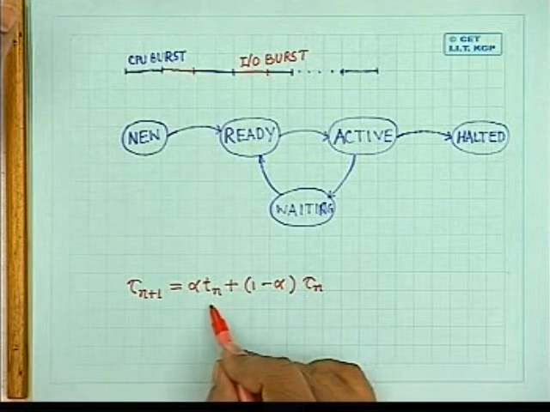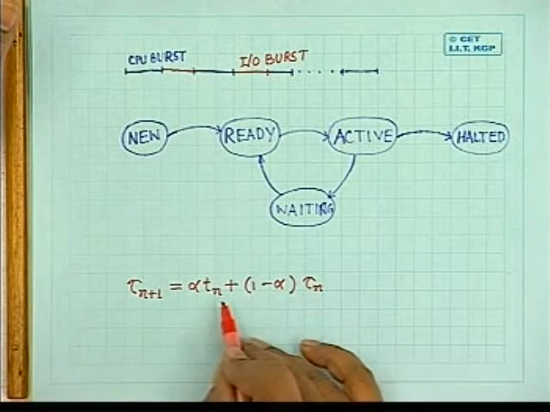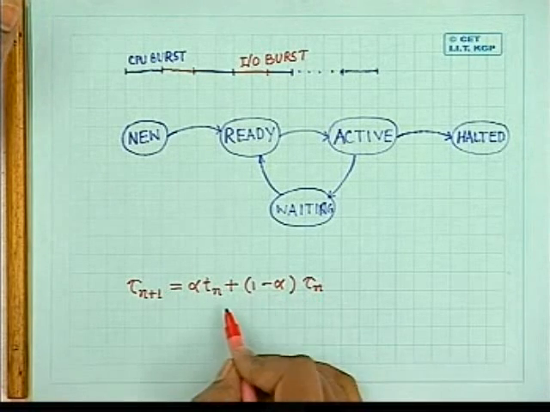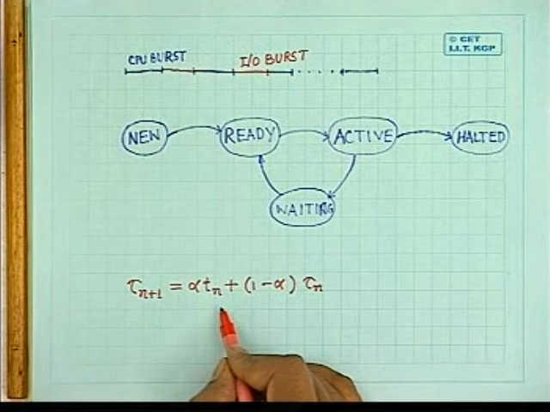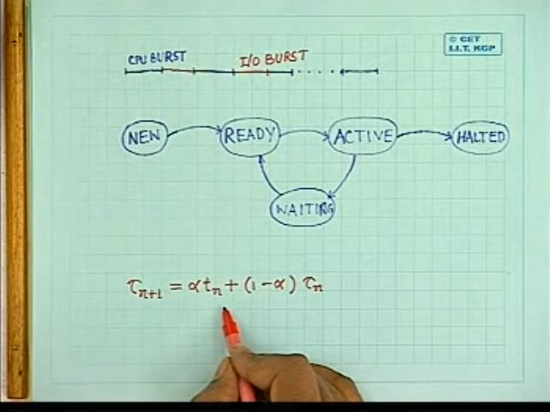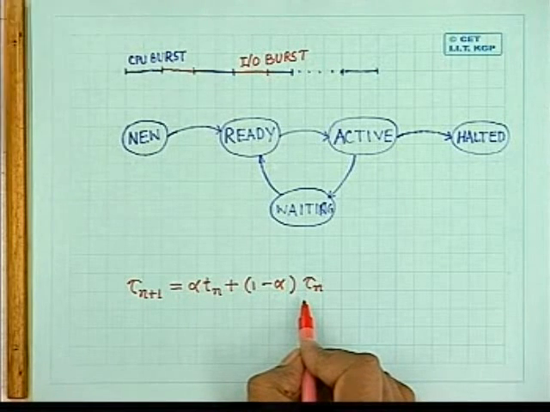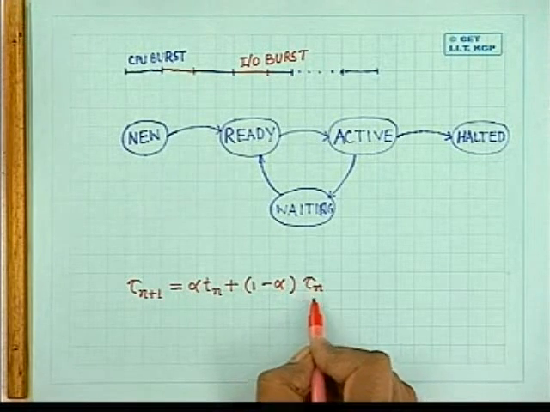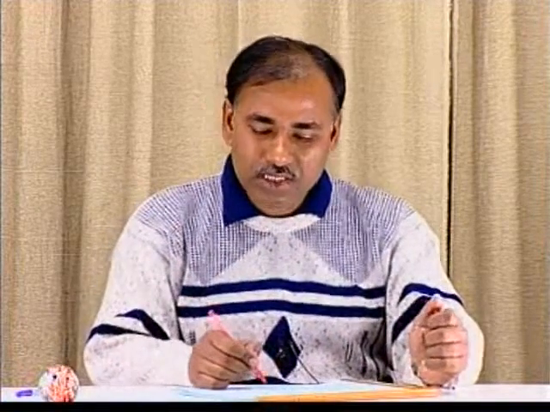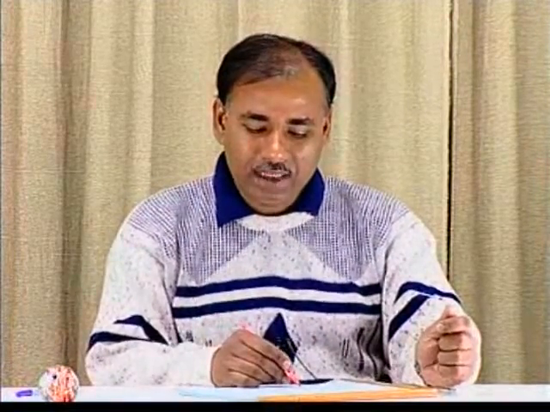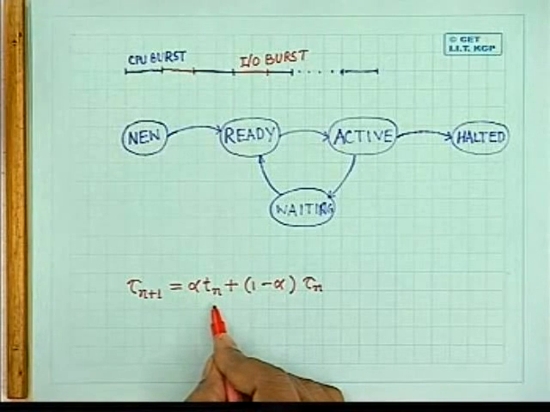And we are taking a weighted sum of these two, where Tn tells you what is the immediate past of the job, and tau n gives you some indication about the history of the job, because tau n is accumulated. So this gives you some history of the job, and this gives you the immediate nature of the job.